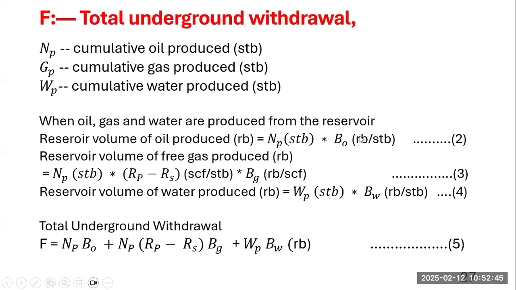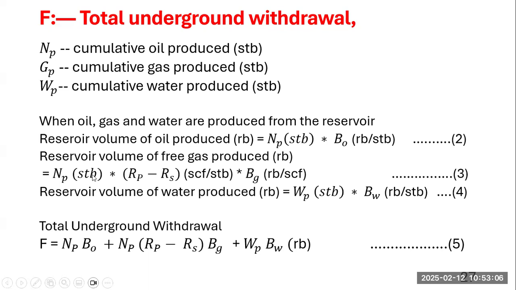We want them all in reservoir barrel. Then the reservoir volume of free gas: you have your Np, that's your total oil produced, multiplied by Rp minus Rs, that's your solution gas produced minus your solution gas, multiplied by your Bg.